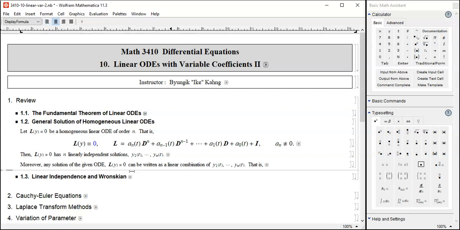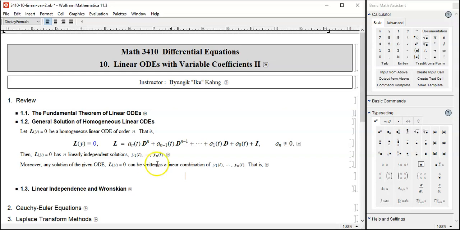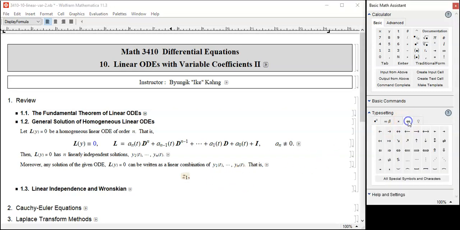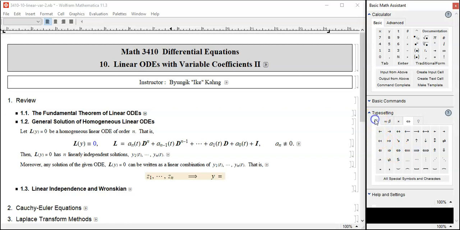In other words, if you use some other method and instead of getting y1 through yn, you may get z1 through zn. Does it matter? No, it doesn't matter actually.